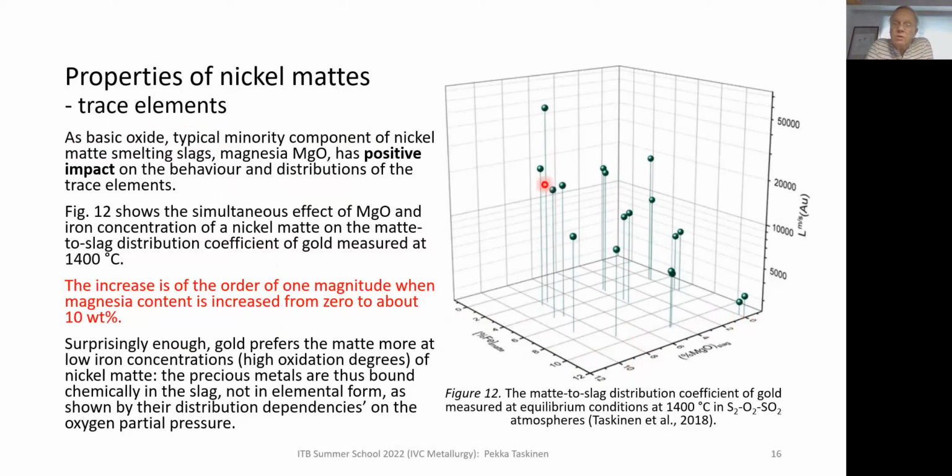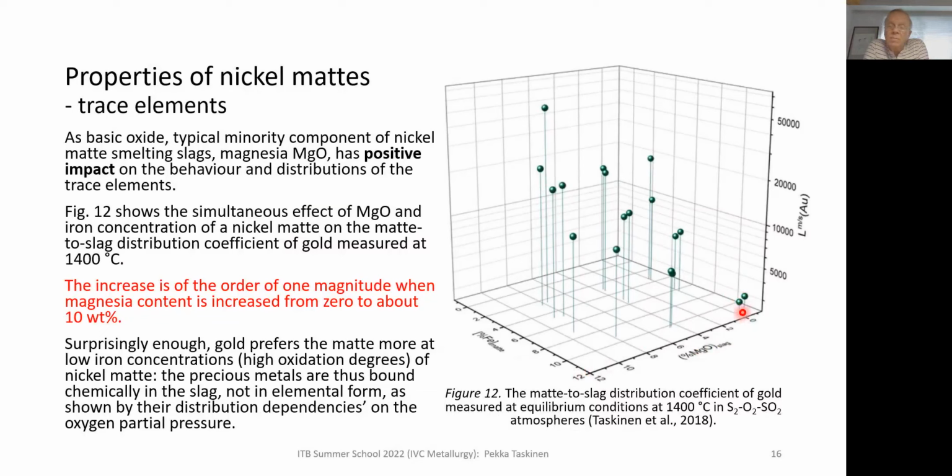So this is a 3D plot, and it shows clearly how at low MgO concentrations in the slag, the distribution coefficients are of the order of 2000 or something, at the same time when iron concentration in the matte is 11-12 weight%.